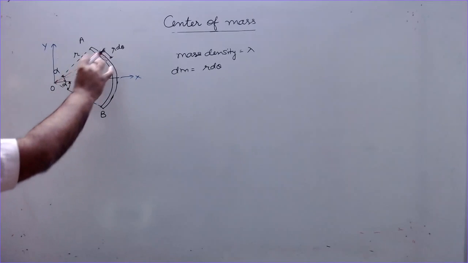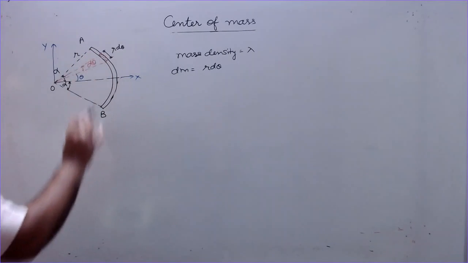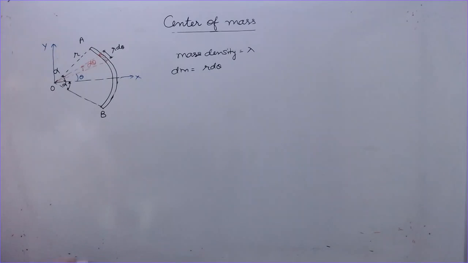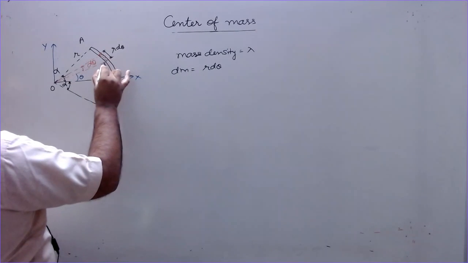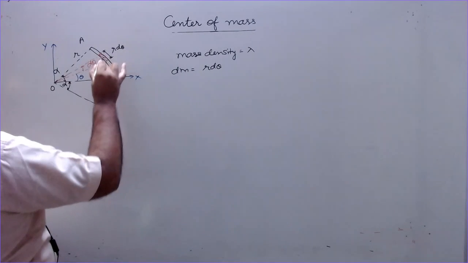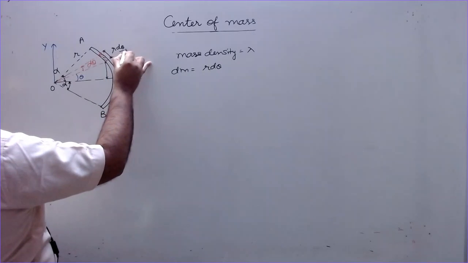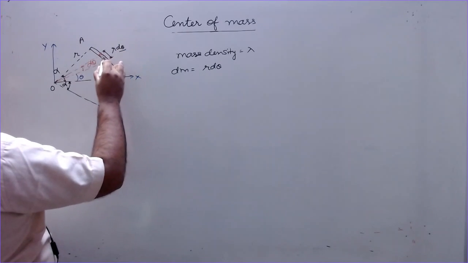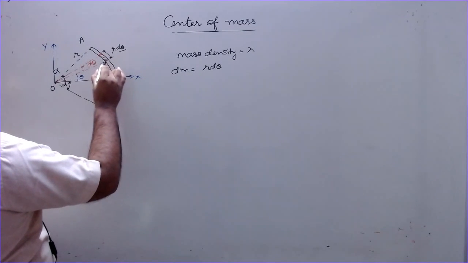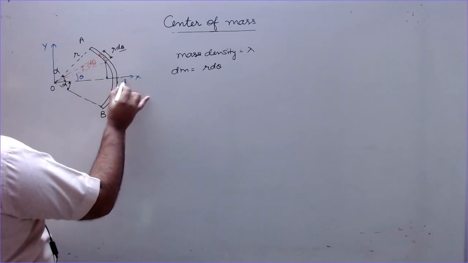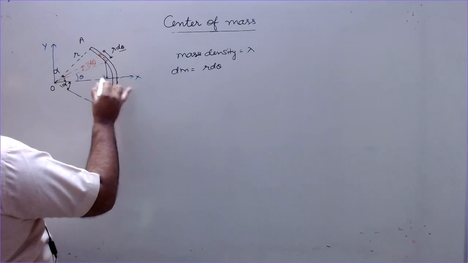So if you find the center of mass of this small element, then you can find by integration the center of mass of this whole element. The mass density is assumed to be uniform. If I draw from this point a perpendicular on the x-axis, then the center of mass of the small element will be at its center, but its thickness is so small, that is d theta is so small, so r d theta is even smaller, that the distance of this point from this point is very small, and we can take the distance of the center of mass from the x-axis as the distance of this point from the x-axis.